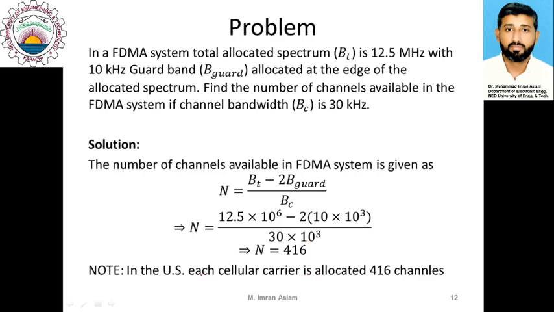And if you refer back to the summaries in the first chapter of the textbook, you would see that in the US each cellular carrier was allocated 416 channels in FDMA systems. So this was a problem related to the FDMA system.